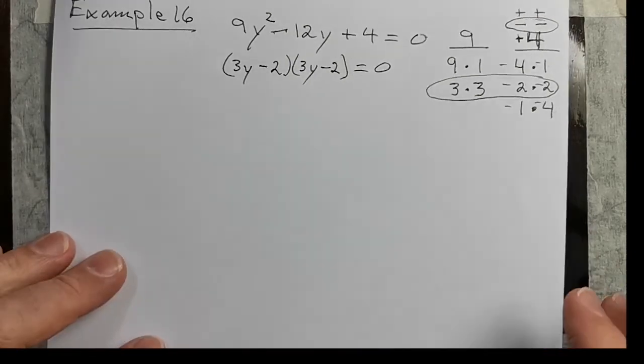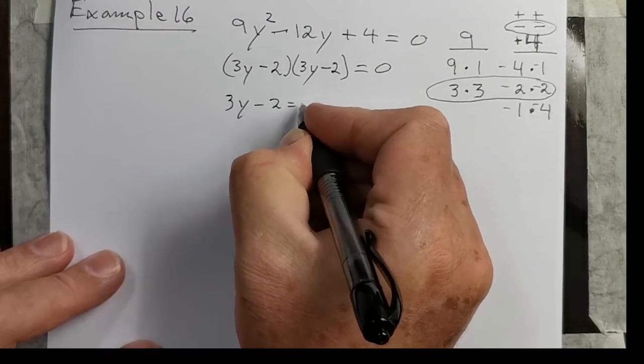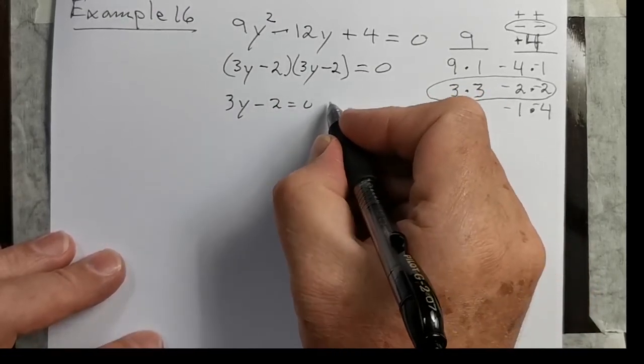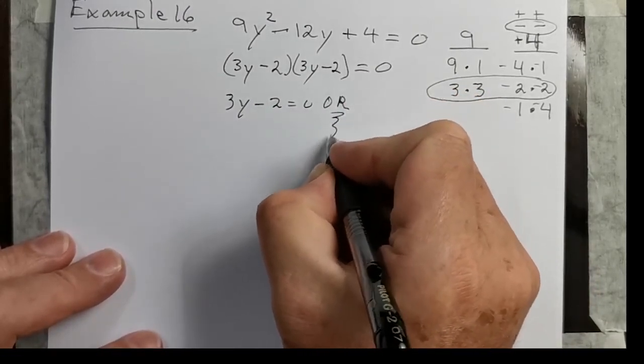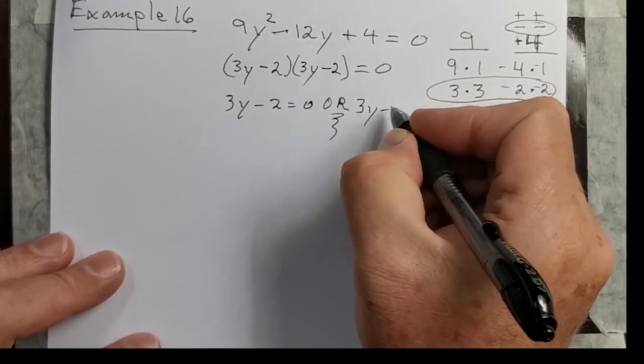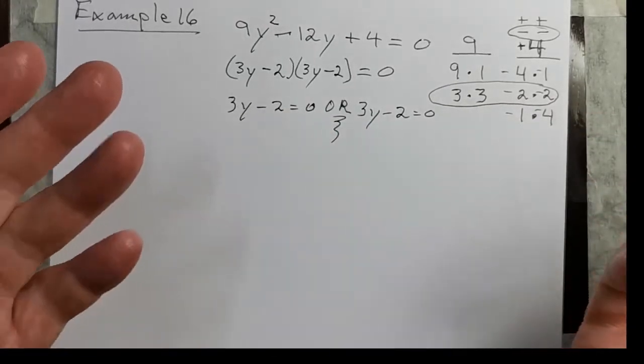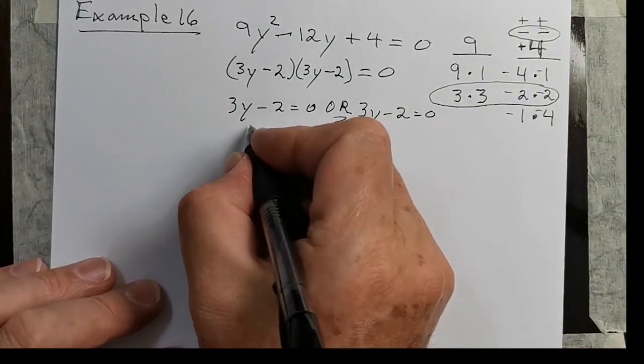So let's go ahead and solve for this. 3y minus 2 equals 0, or same thing, right? 3y minus 2 equals 0. They're exactly the same, so there's only going to be one possible answer here.